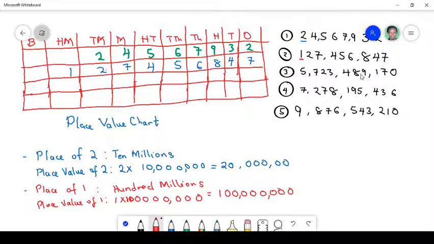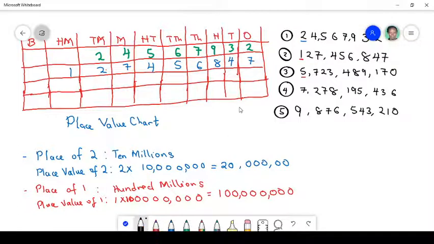Let's look at example 3. If I ask you to find the place and place value for 5, let's write it. What do we have?